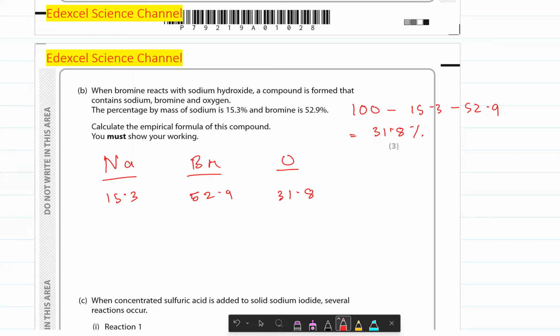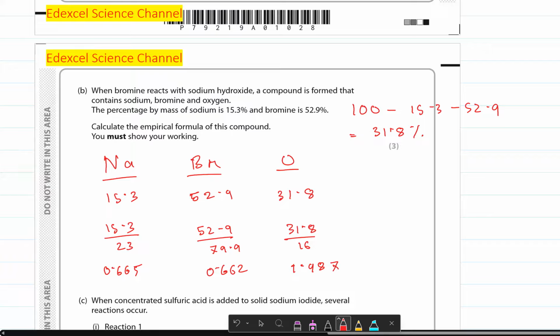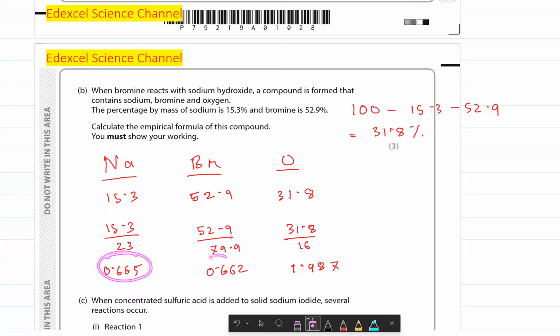Now, what I am going to do is I'm going to find out their moles. So I'm going to divide it by their relative atomic mass. I don't think I'll have enough space, but let's see. That is going to give me 0.665, 0.662, and 1.987 actually, yeah. Now, I am going to check which of the moles of the atoms is the smallest.